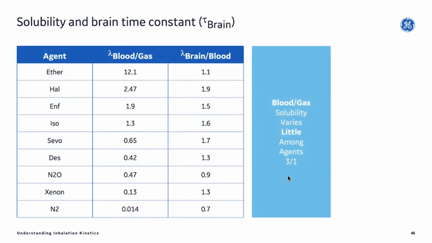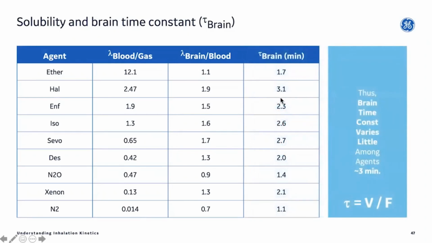And they vary only by approximately a factor of 3 over the entire range of all of these. And they're all in the neighborhood of a time constant of 3 minutes. They're almost all identical. So all of our drugs yield a wake-up time of approximately 3 minutes from when end tidal has crossed MAC awake.